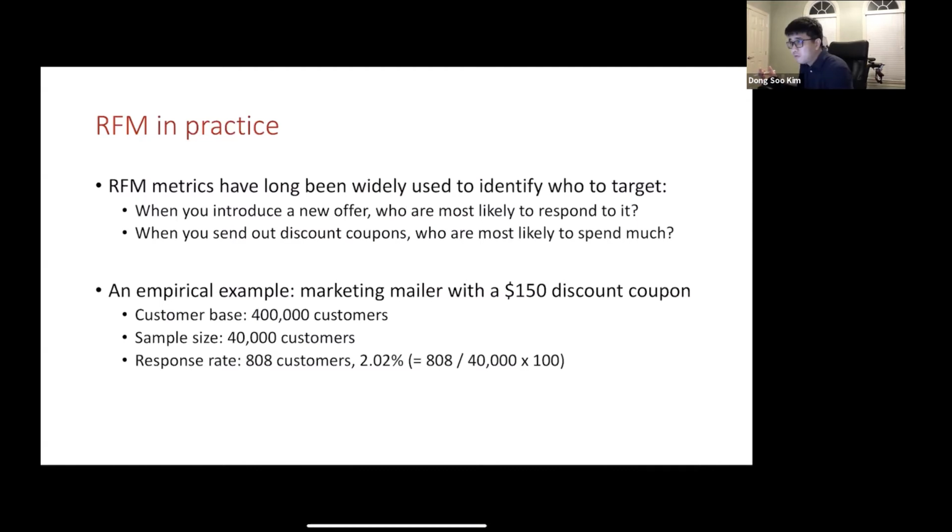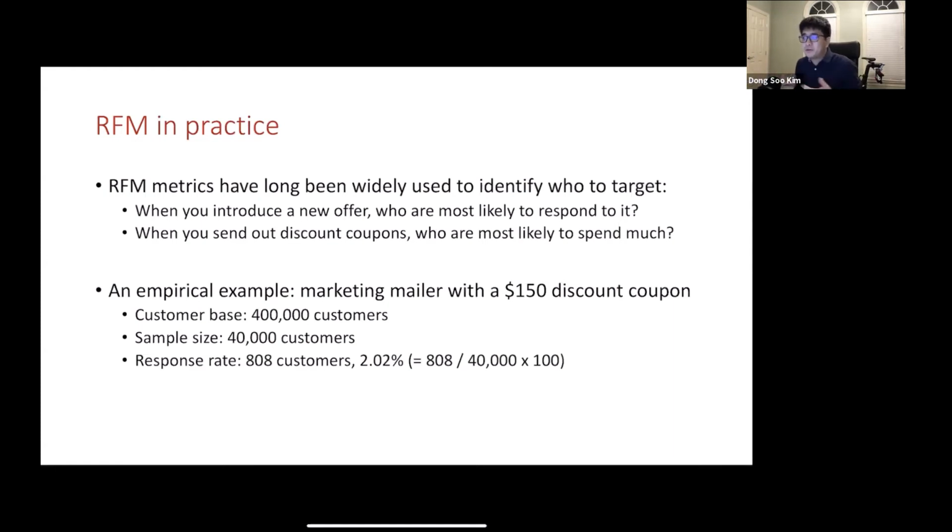So, here's an empirical example. There was a company with 400,000 people in its customer base. The company randomly selected 10% of the customers and sent out a $150 discount coupon to them.